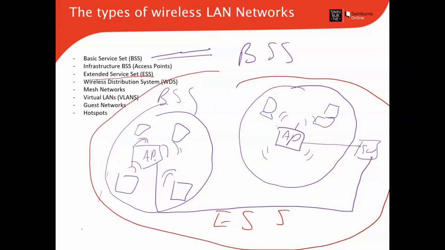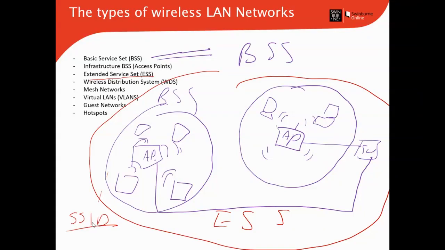Now, for me to connect to this network, I need to know what the SSID is. The SSID is the name that is advertised, like when you go to, say, Starbucks, the Starbucks network, or the McDonald's network, or Harry's network.